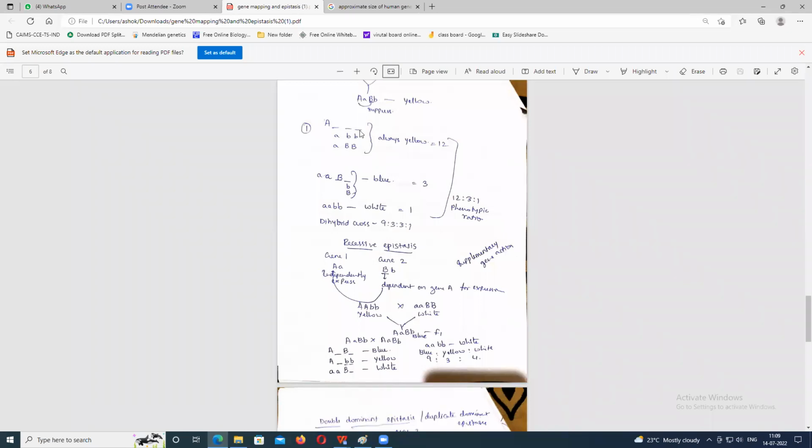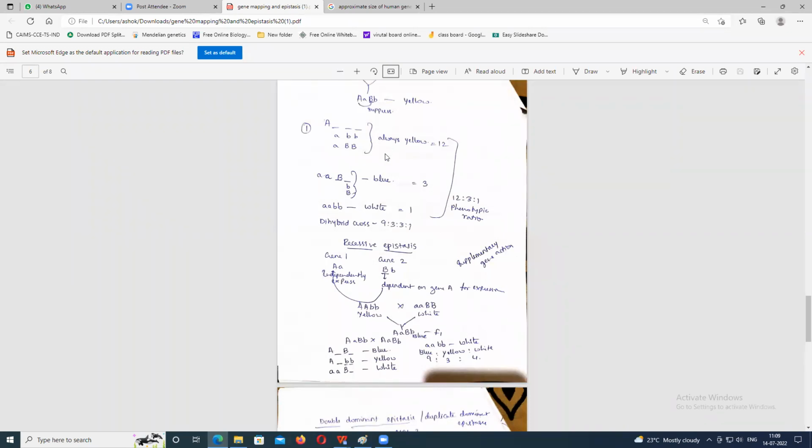In any case, in the entire combinations, if capital A is present, the color will be yellow. If capital A is absent and only capital B is present, the color will be blue. And small a, small b will give white color.